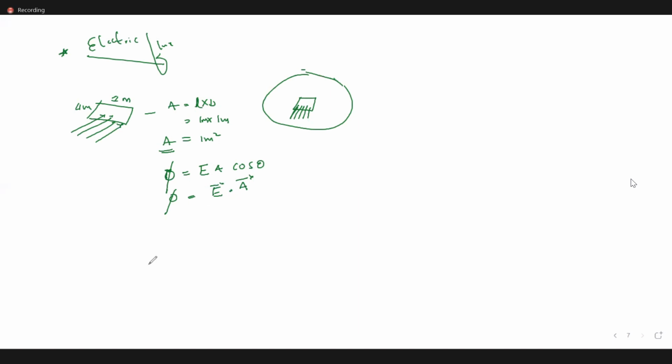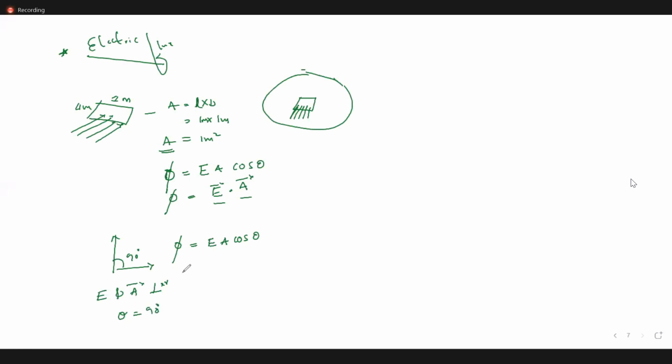Now when the electric field is like this, but the area vector is like this, the angle between the electric field and the area vector is 90 degrees, right? So phi is equal to EA cos theta. When the electric field and the area vector are perpendicular, theta is 90.